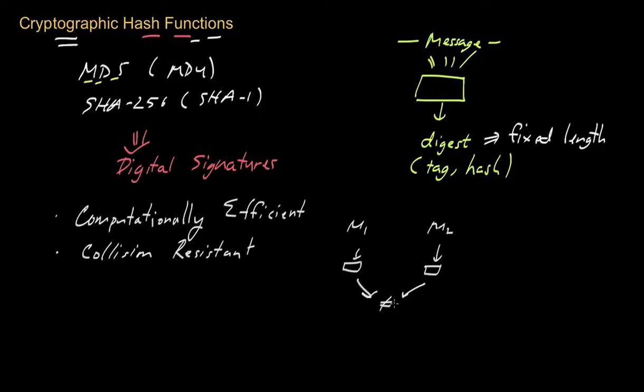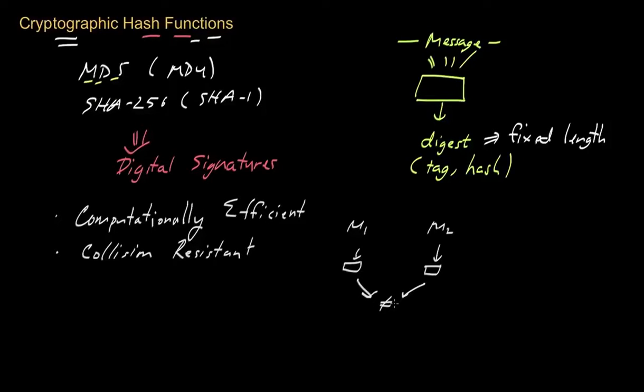Okay. Now, I should take a step back here and point out that, of course, in practice, given that messages can be of arbitrary size, and given that the output is a fixed size, it's not mathematically possible to guarantee that the output will always be different for two distinct messages. But what you typically want is that it's hard to find two distinct messages that produce the same output.